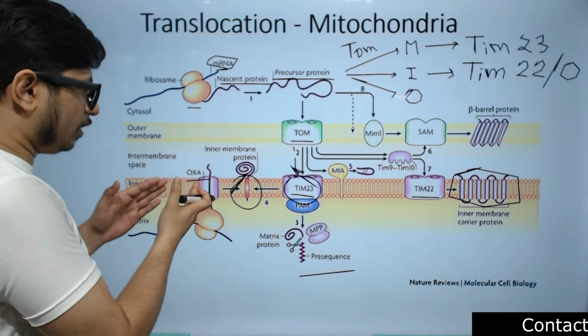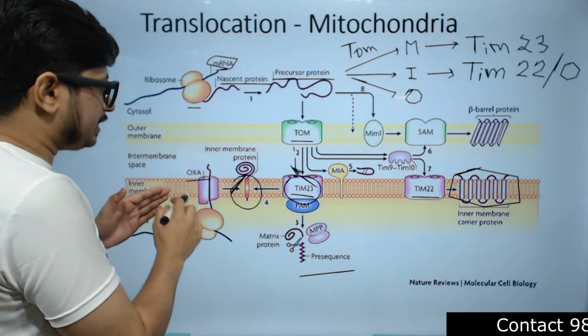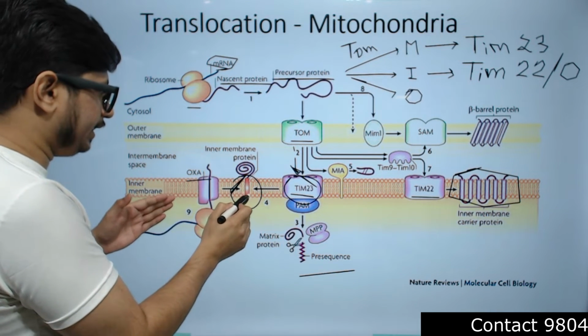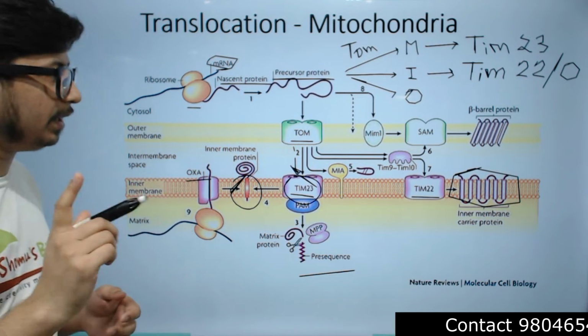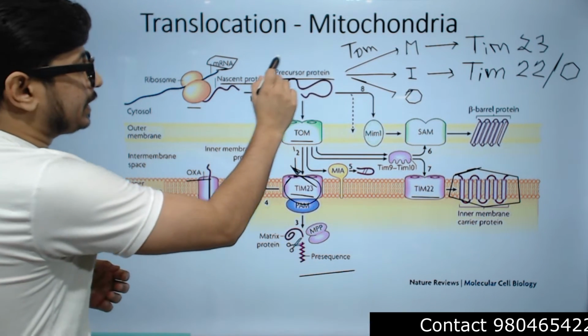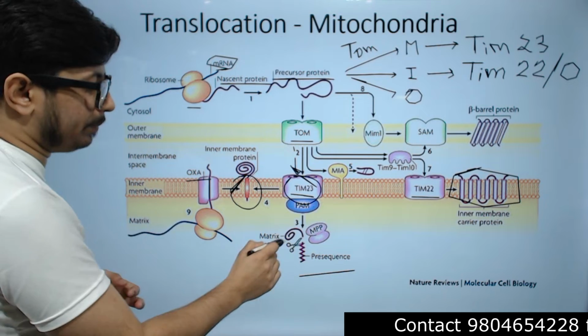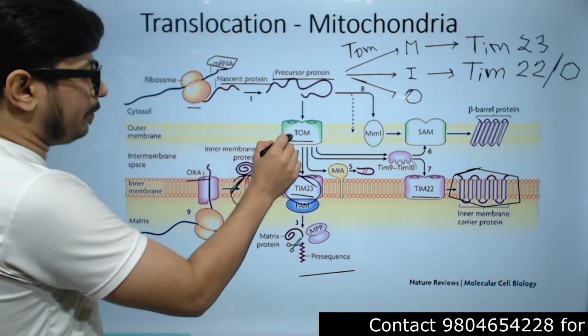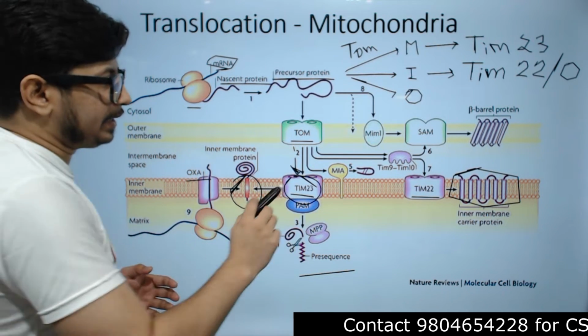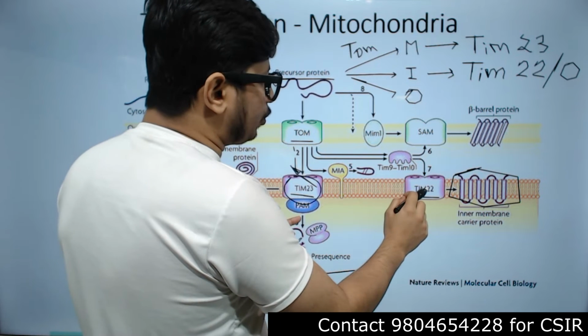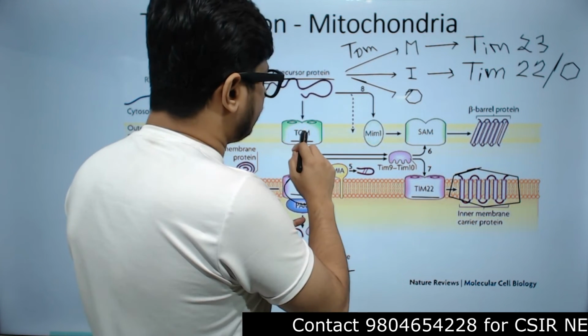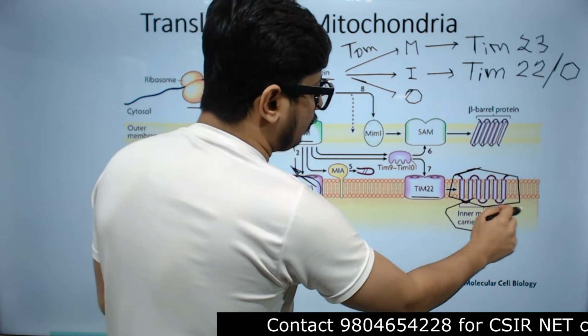But remember, this precursor protein which is transported into the matrix directly requires TOM and TIM23. And if TOM and TIM22 are involved, then the protein can be embedded into the inner membrane of mitochondria.